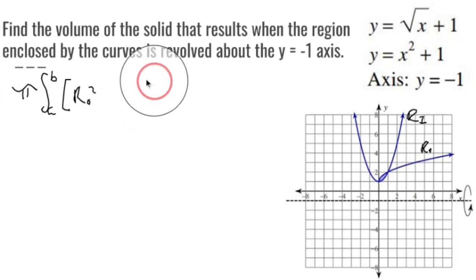So that was fine. But now that we're spinning it around a different axis, we have to change things up a little bit. So let's erase some of this because we are adding another unit when we spin it around. If we were to spin it around the x-axis, no big deal. But now when we spin this around, we have to pretend that this creates a weird donut-looking shape. I can't draw. It kind of creates a bowl where you have to believe there's a hole in the middle. So we have this weird donut-y thing.